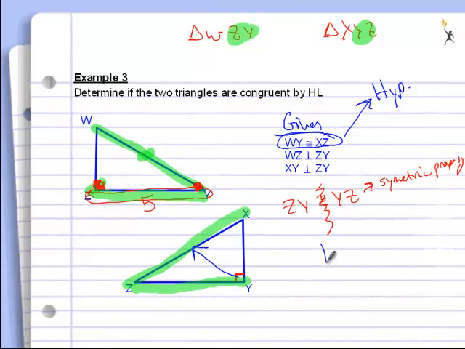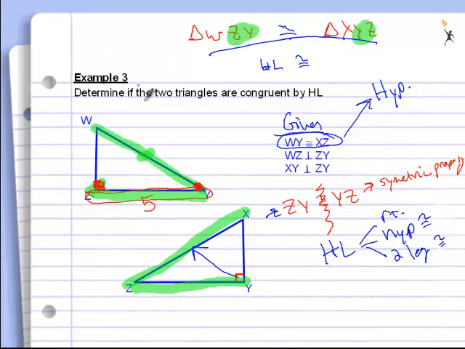Well, for hypotenuse leg, I need a right triangle, which I have. I need the hypotenuse to be congruent, which I have right here. And then I need a second leg to be congruent, which I have right here. I can say now that WZY is congruent to XYZ by the hypotenuse leg congruency theorem.